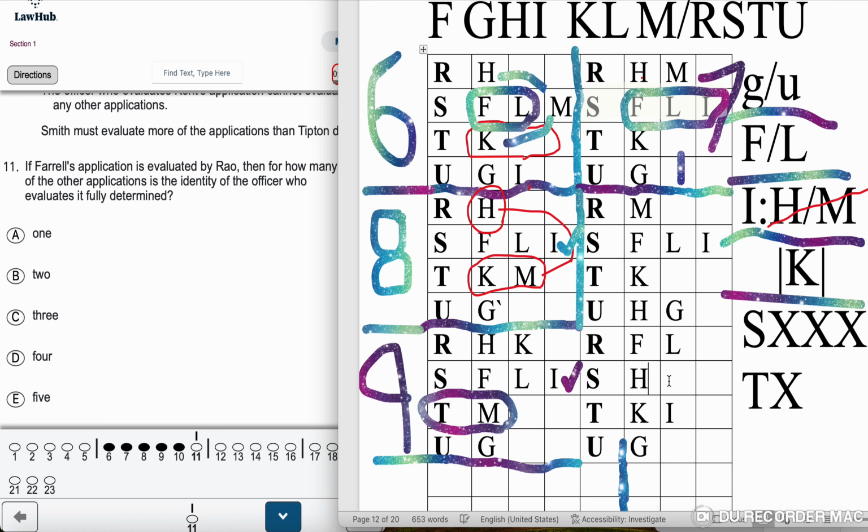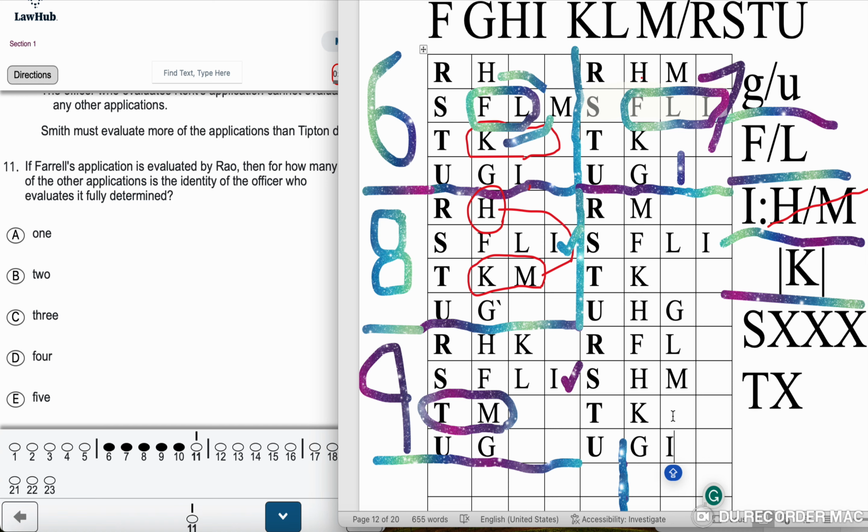H. That way I have L with R. K is not by itself, so I'm going to put I with G, and that way now I have S has more than T. So we can use this world right here for number 11.